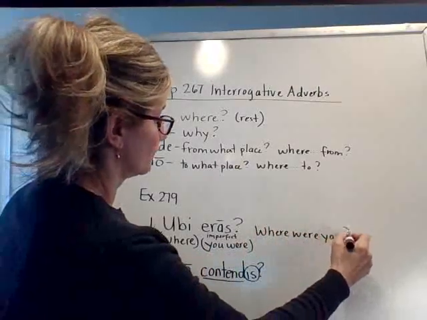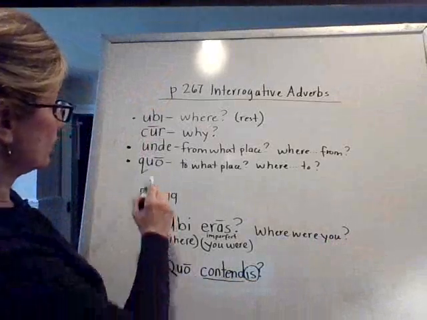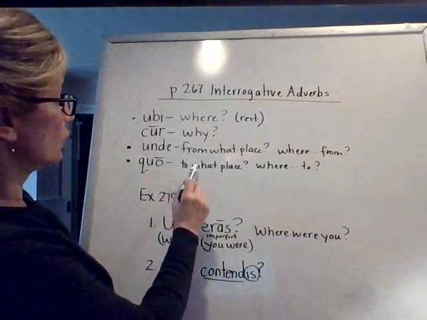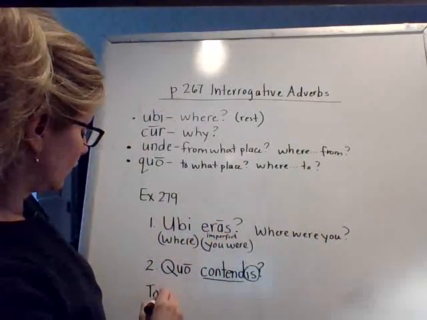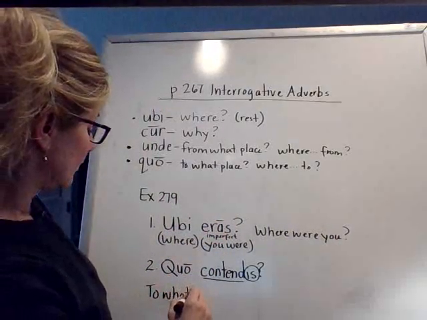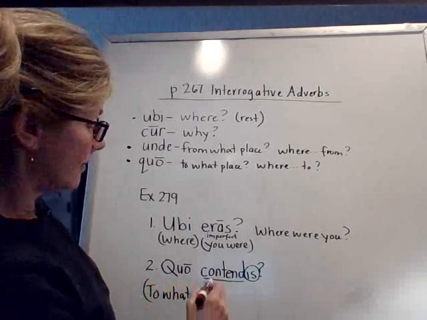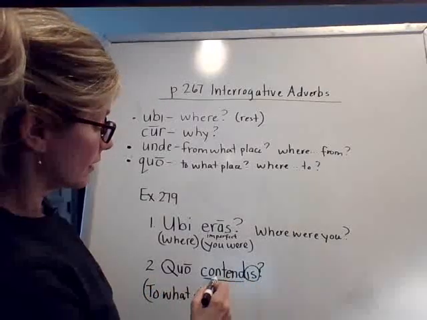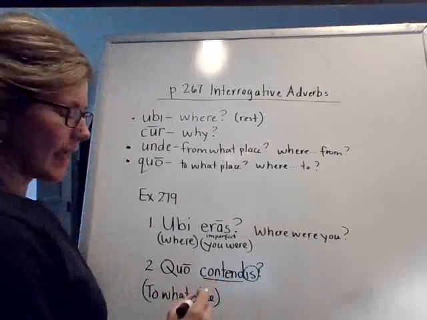Okay, and down here, number 2, quo, we know means to what place, or where to. So we'll say to what place. And then contendis, well, we know that contend means hasten.